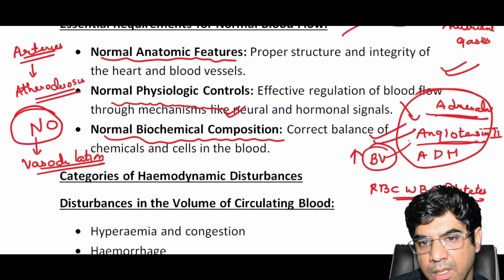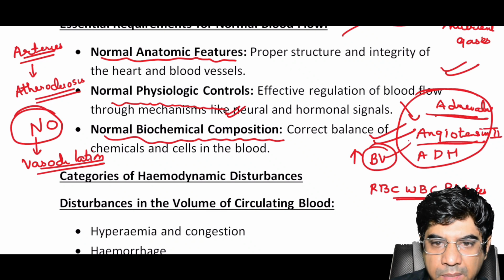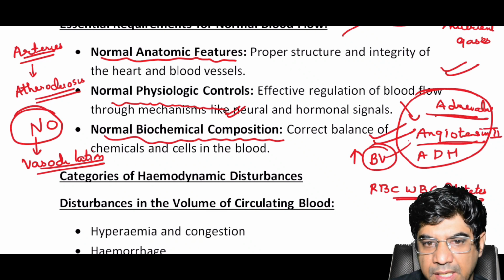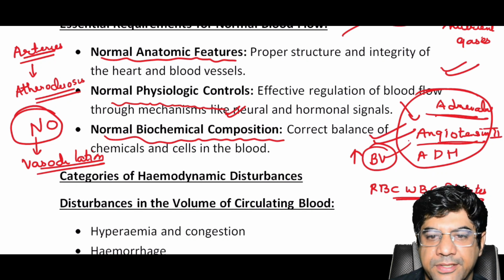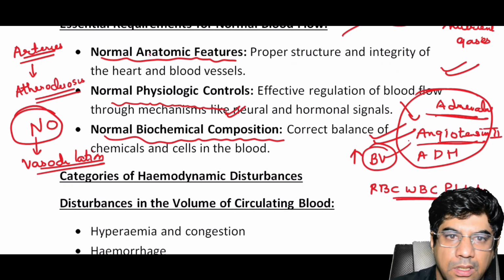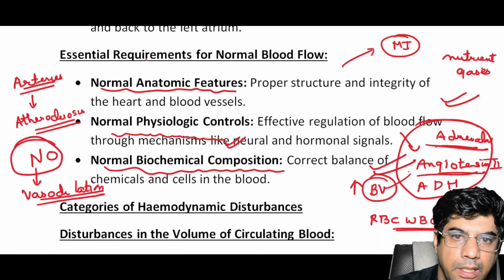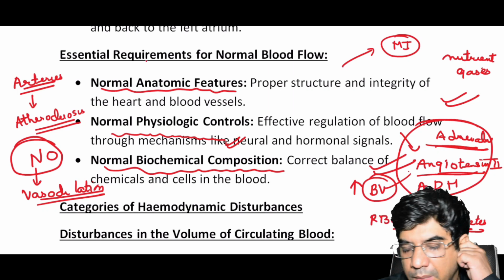Fibrinogen is important for blood clotting. Apart from that, electrolyte and pH balance, like sodium, potassium, calcium, and bicarbonate, are essential for cellular function and maintaining the acid-base balance of the blood. So all these should be normal for normal blood flow.